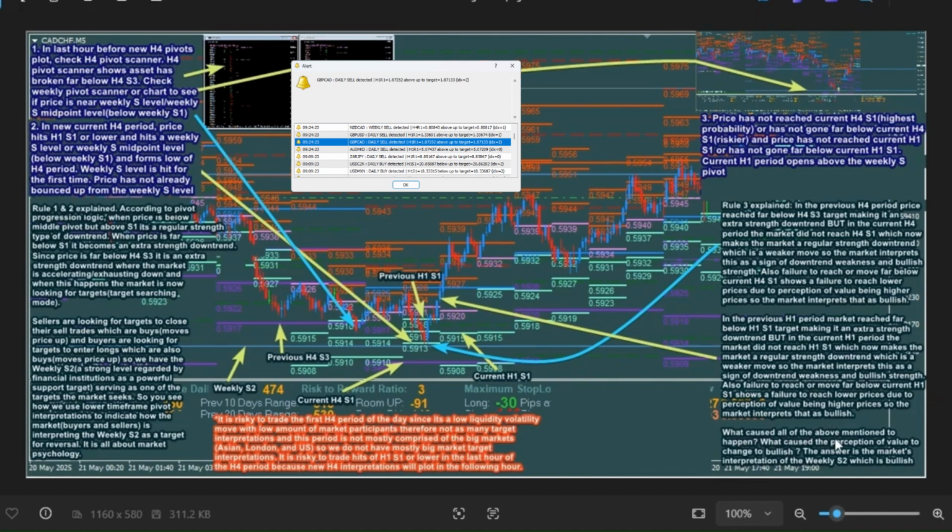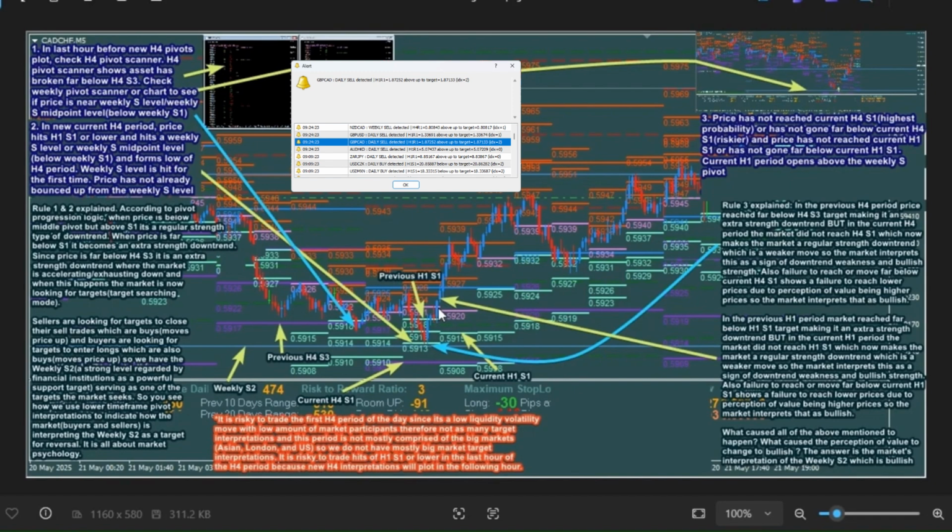Now, what caused all of the above mentioned to happen? What caused the perception of value to change to bullish? The answer is the market's interpretation of the weekly S2, which is bullish. The market's failure to reach the H4 S1 and the market's failure to reach the H1 S1 happened because the market is interpreting the weekly S2 level as bullish, which changed their perception of value to be a price at higher prices.